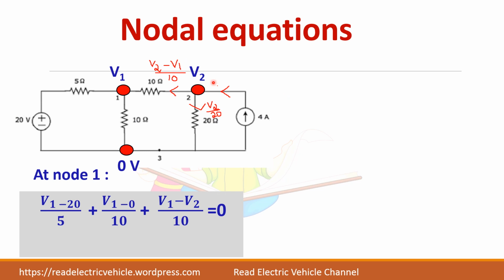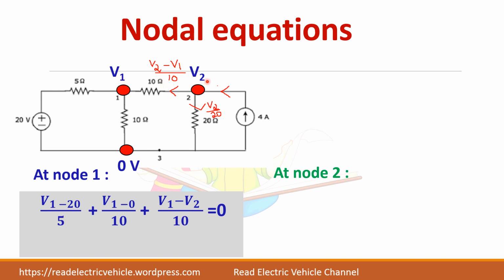Now let us write for node 2. At node 2, you see this 4 amps is entering the node, whereas the remaining two currents are leaving the node. And similar to a mesh equation, when you write for node 2, you have to write (V2 minus V1) by 10.